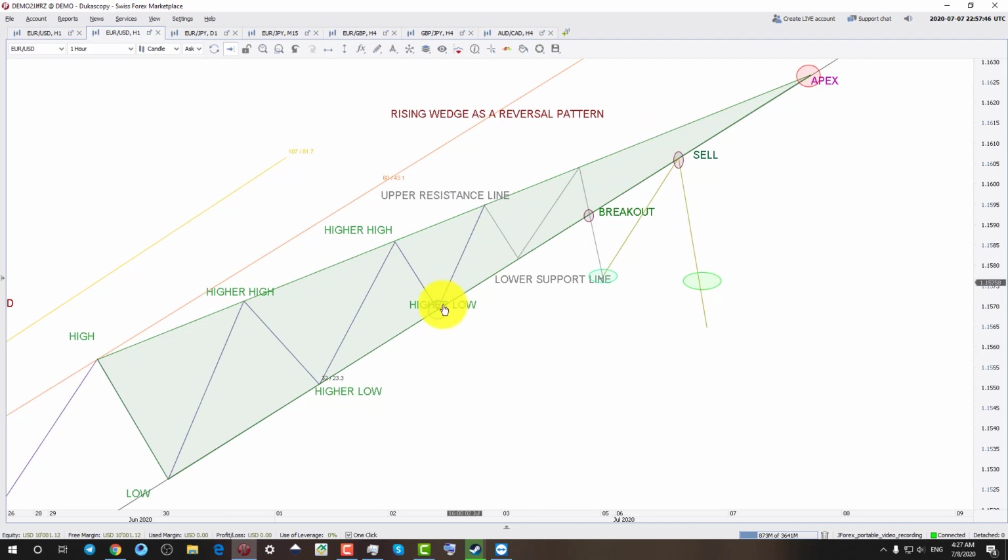Of course, when the sellers overpower the buyers, then a breakout happens, which results in a break of the lower support line, which is this one. And after a break, we need a retest, which can happen and cannot happen. The price may retest this line as a new resistance line, or it may not retest it at all. But let us see how it happens in the real market.